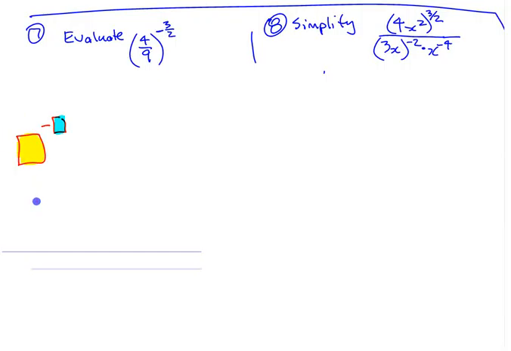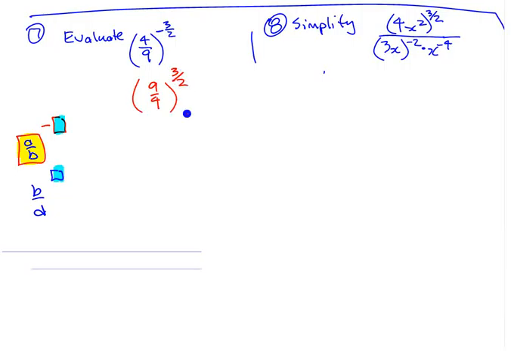You can do the reciprocal. Or if the yellow box is written as A over B to the power of that blue box, how can I rewrite it without the negative? B over A to the positive, whatever that little blue box is. So I can change this. My first step here is going to be to write this as 9 over 4 to the power of 3/2.